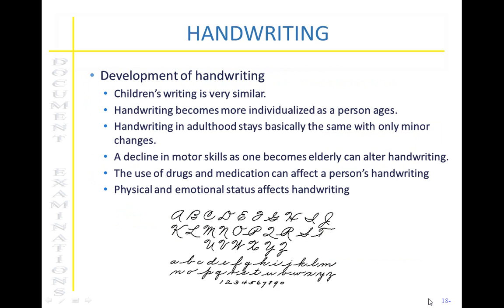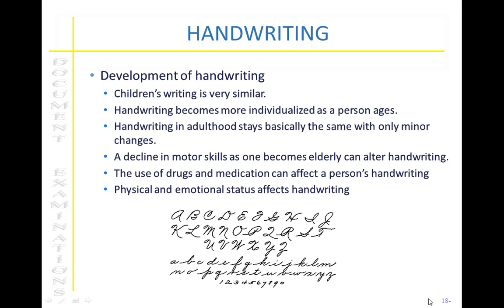If we initially start by talking about handwriting, we have to think about the development of a person's handwriting. Children's handwriting is going to be very similar because they're taught with similar methods. Either the Palmer method or the Zahner-Bloser method are the two handwriting styles that are typically used when developing a person's handwriting.